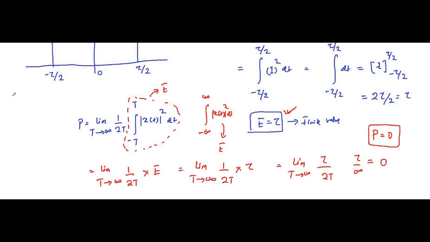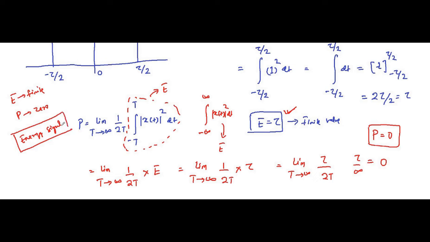So here, if you see, energy is finite, power is 0, so this is basically an energy signal, because it has finite energy and average power is 0.